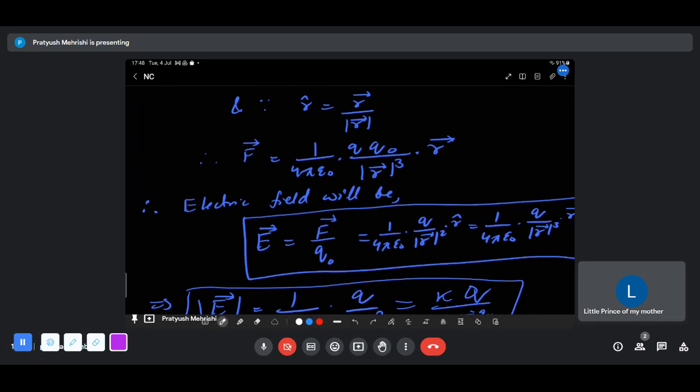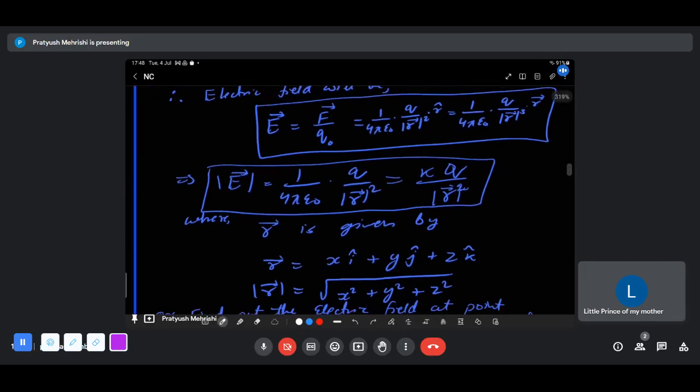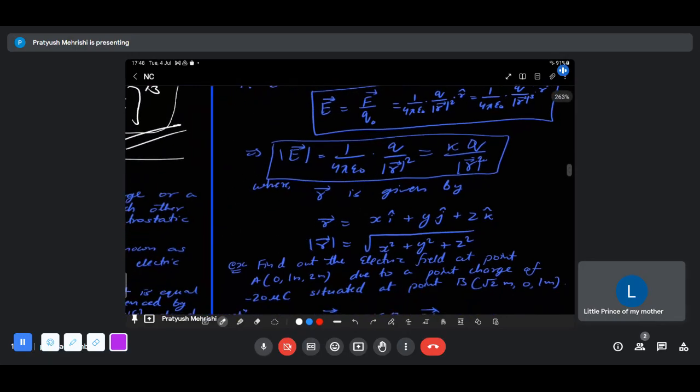When I divide the force by this charge Q naught, the charge Q naught will just cancel out, and I will get KQ upon R square. This is the electric field due to a point charge. Got it till this point?